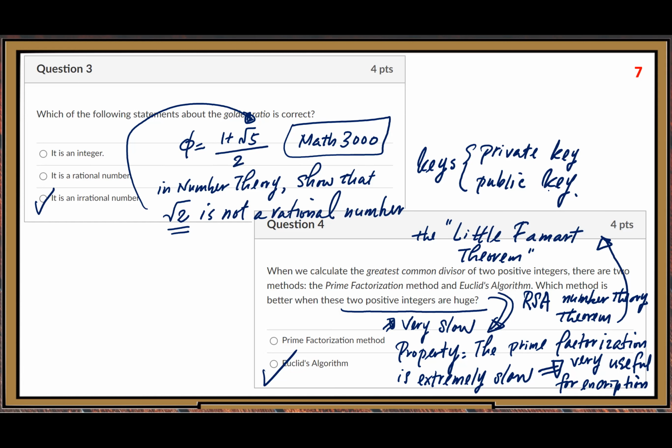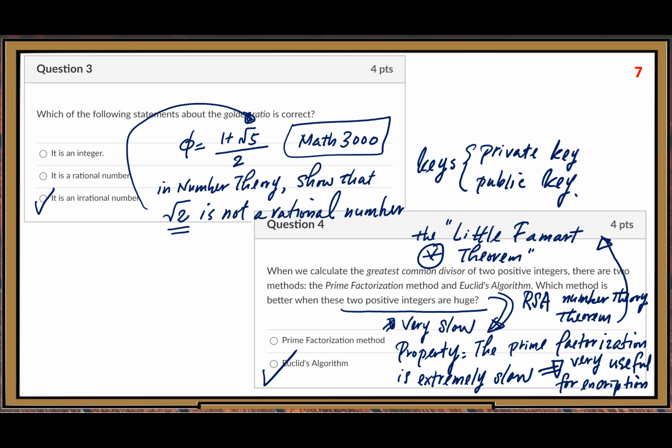But for the side with the private key, you can avoid prime factorization because you just apply this little Fermat's theorem using that private key, so you can find the decomposition easily. So that's the idea.